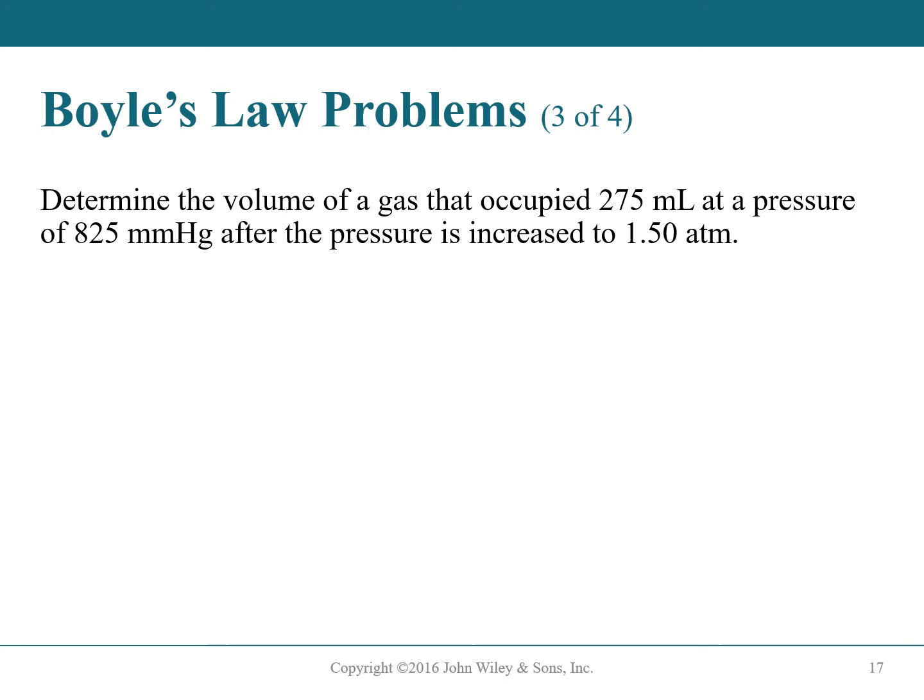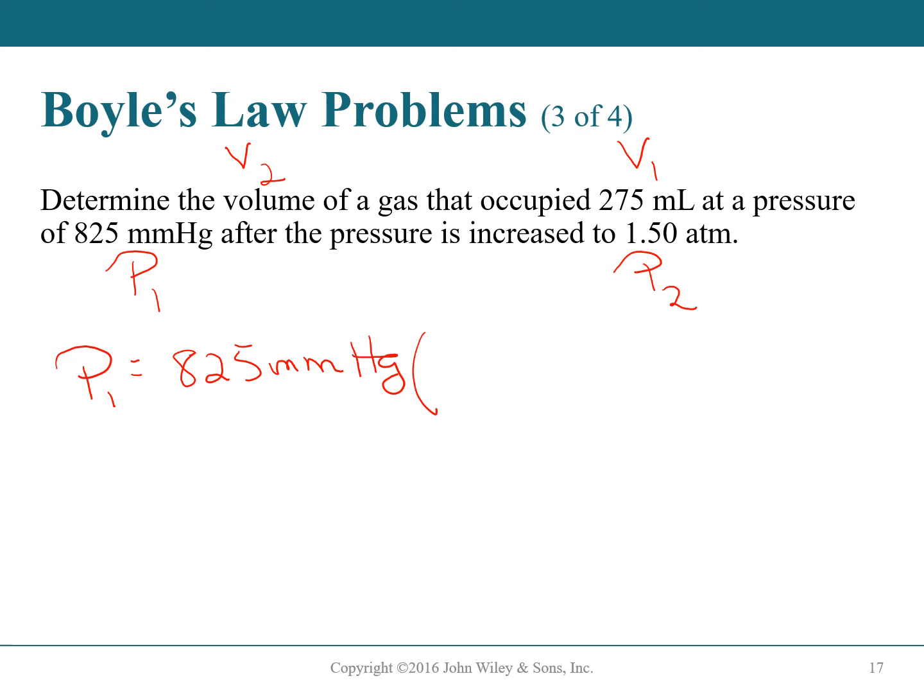One more. Let's do another Boyle's law problem: the volume of a gas that occupied 275 milliliters at a pressure of 825 millimeters mercury. So this is V1, this is P1. We increase the pressure to P2, and we want V2. Notice though that P1 and P2 are different units. So first, we're going to convert P1. P1 is 825 millimeters mercury, and look at your table of conversions.